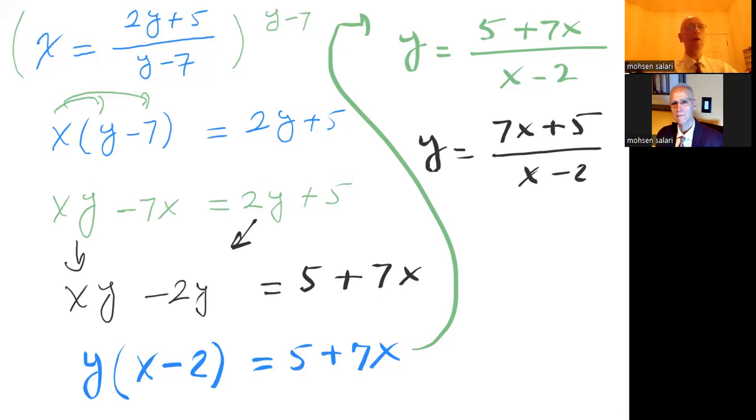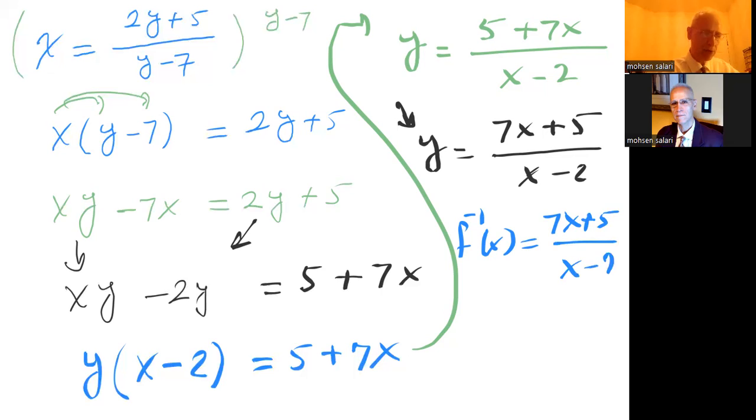All right. One last step is that, remember, we swapped the x and y. So this resultant y is f inverse of x. So f inverse of x equals 7x plus 5 over x minus 2. Remember, in the very beginning, we said the problem started as f of x equals 2x plus 5 over x minus 7.